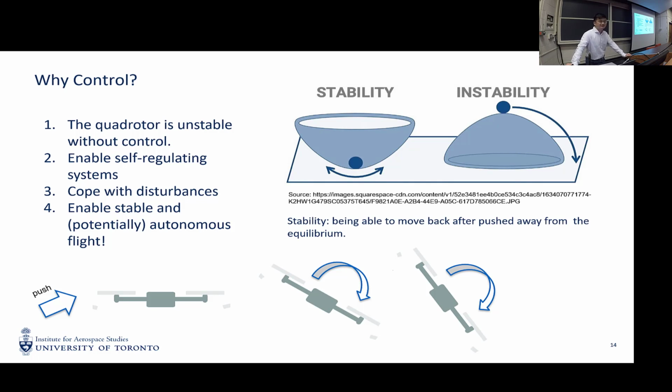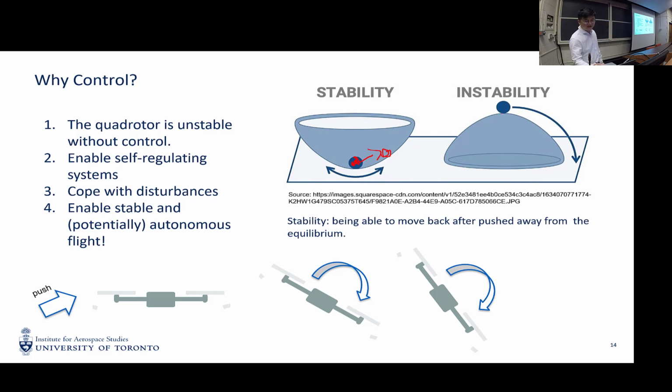Good. Yeah. So being stable means that we have this particle on the lowest position of this ball, right? So if there is a tiny push, so as to cause the particle to move away from the equilibrium, then naturally this system turns towards the equilibrium. So it has a tendency to go back to equilibrium after some disturbance.